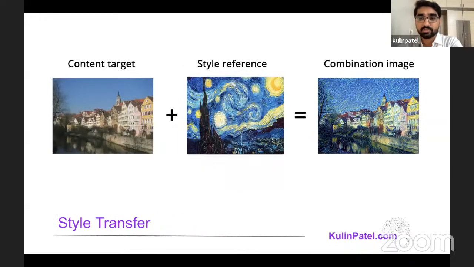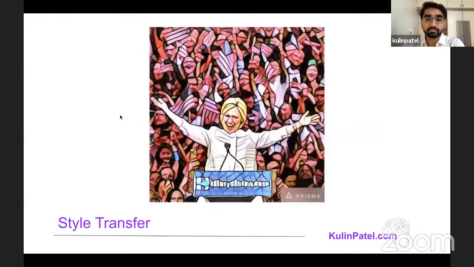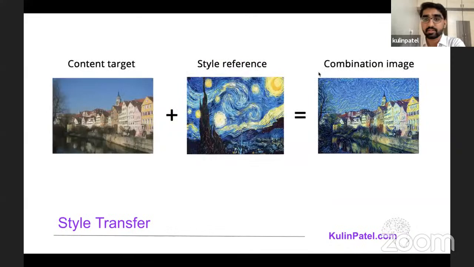We have also seen some image styling. If we input this image, the house, and the style reference, it will learn from the style reference that there are curves and blue colors, and these are the features of this style. So it will implement this style in the house picture and give us an output that is a combination of the images.